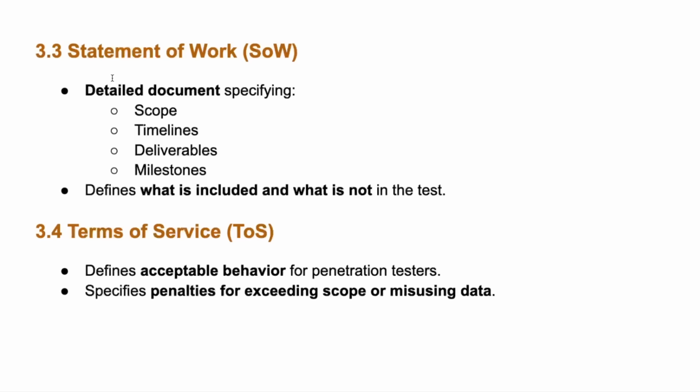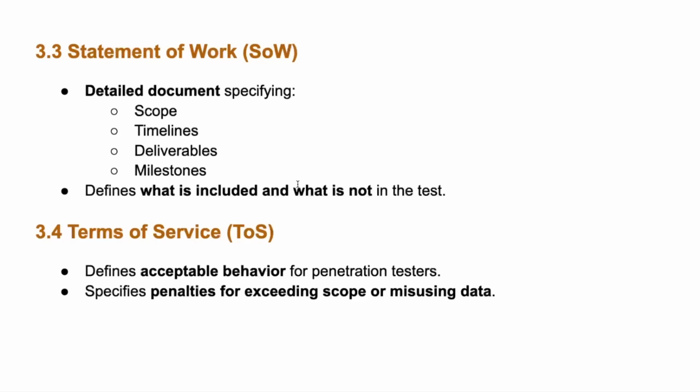The statement of work, also known as the SOW, is the detailed document that specifies the scope, timelines, deliverables, and milestones. Essentially all of the details that we talked about at the very beginning, and it defines what is included and what is not included in the tests. The statement of work is also sometimes known as the scope of work.